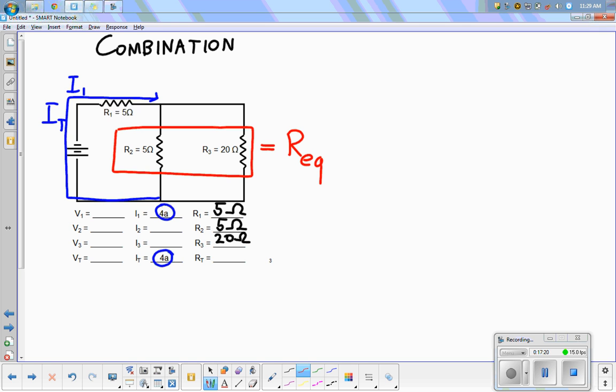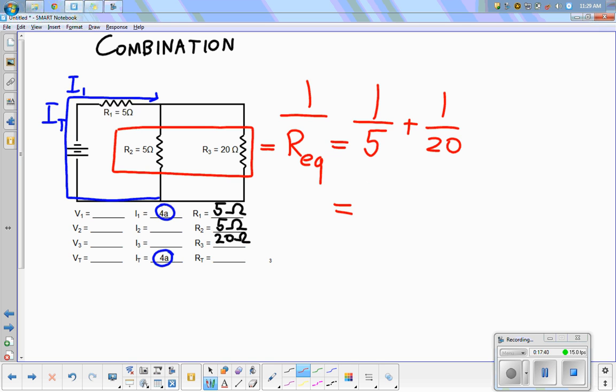Now let's use our rule for parallel circuits. So 1 divided by R EQ equals 1 divided by 5 plus 1 divided by 20 in this case. 1/5 is the same thing as 4/20.